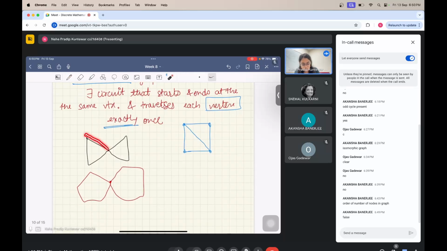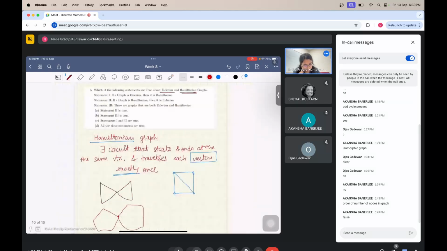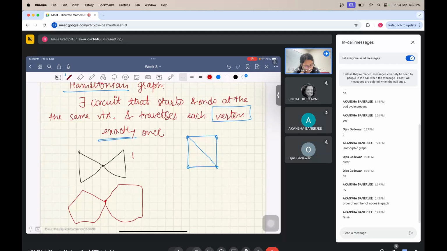No matter how you traverse this, you will have to visit this vertex multiple times. So this has a Hamiltonian cycle, which is that you go this way.